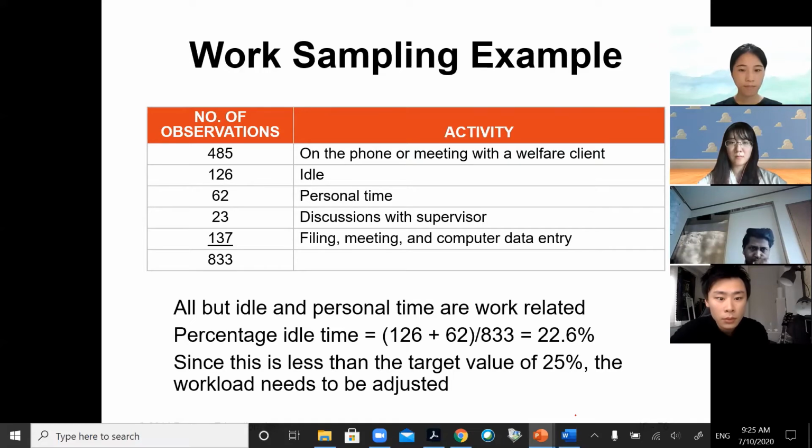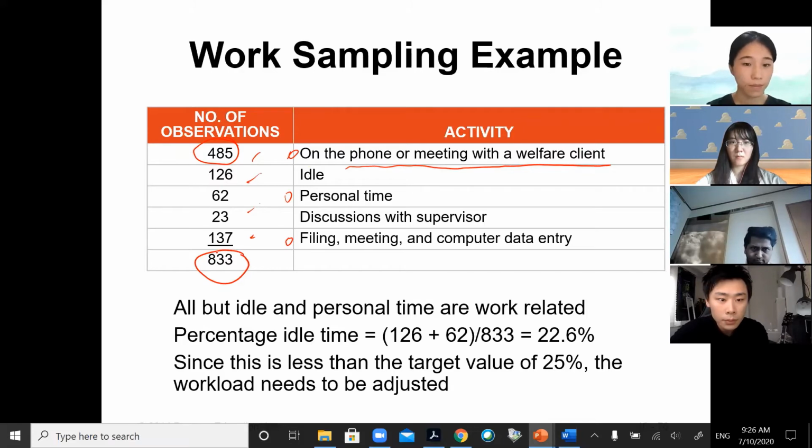Then the next time, and this accumulates until 833 times. Each time you record whether he is doing this or that, and you do your tally. That means he is on the phone or meeting with a welfare client 485 times out of the 833 times. That's why I say it may take 6 months, or even 1 year, to do this observation.